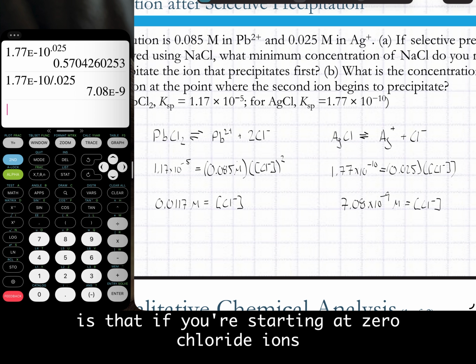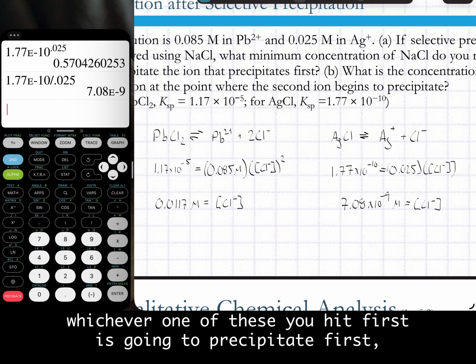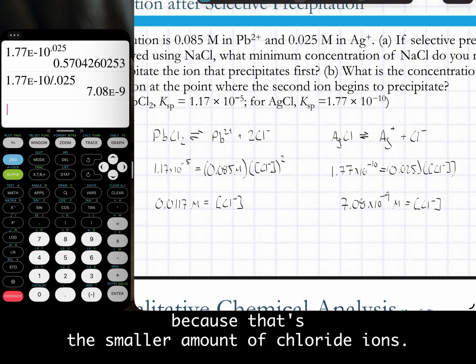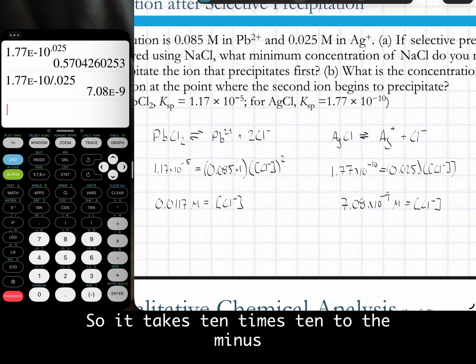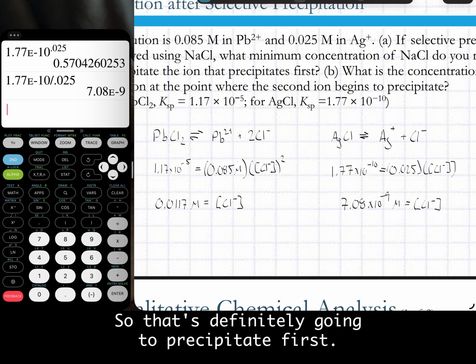One way to think about it is that if you're starting at 0 chloride ions, as you add chloride ions, whichever one of these you hit first is going to precipitate first, because that's the smaller amount of chloride ions. So it takes 10 times 10 to the minus 9 molar chloride to precipitate silver chloride, so that's definitely going to precipitate first.